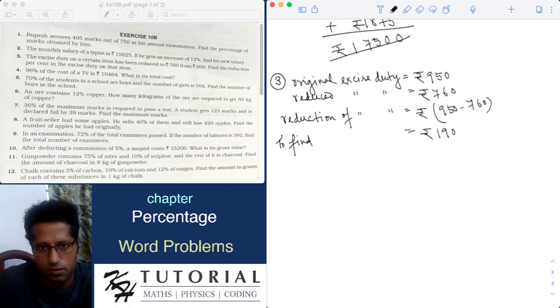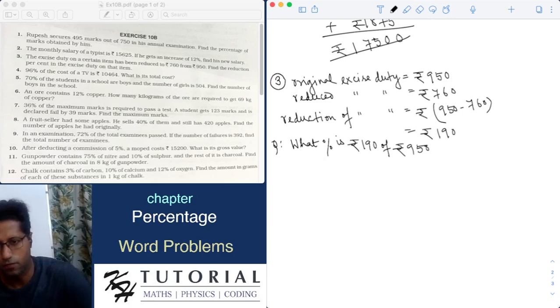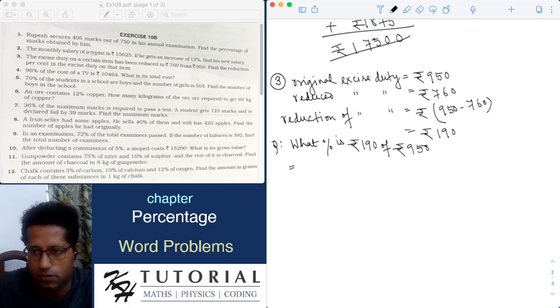Reduction means the amount that got reduced, as a percentage of the original. So the question becomes: what percent is rupees 190 of rupees 950?